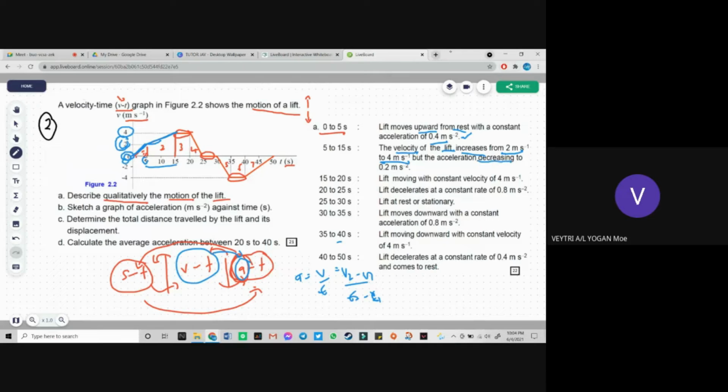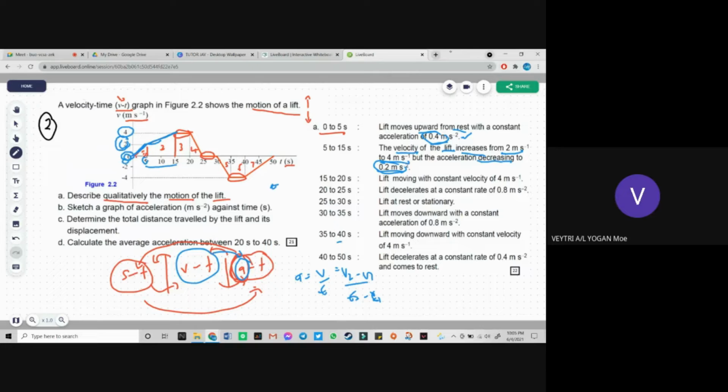Acceleration decreases. You can't say decelerating. You have to say acceleration decreasing to 0.2, because initially it was 0.4. Why can't you say deceleration? Because it's still in the positive part. You're still moving forward, just in a slower way. Deceleration is negative acceleration, which means there will be a negative in front of it. We're talking about acceleration reducing.